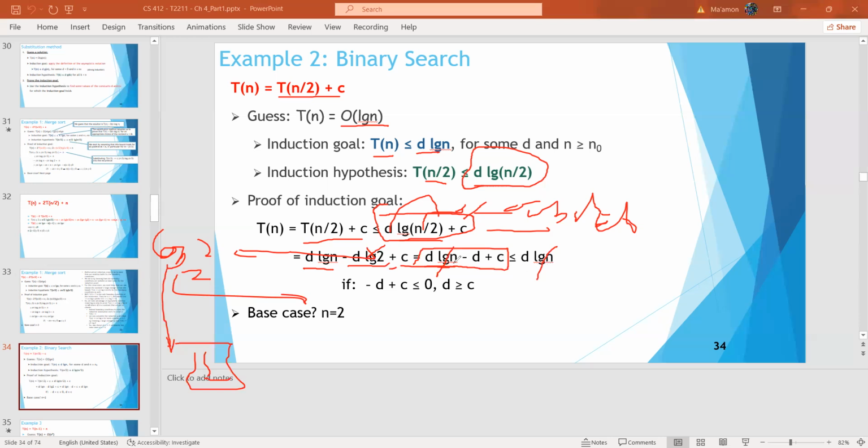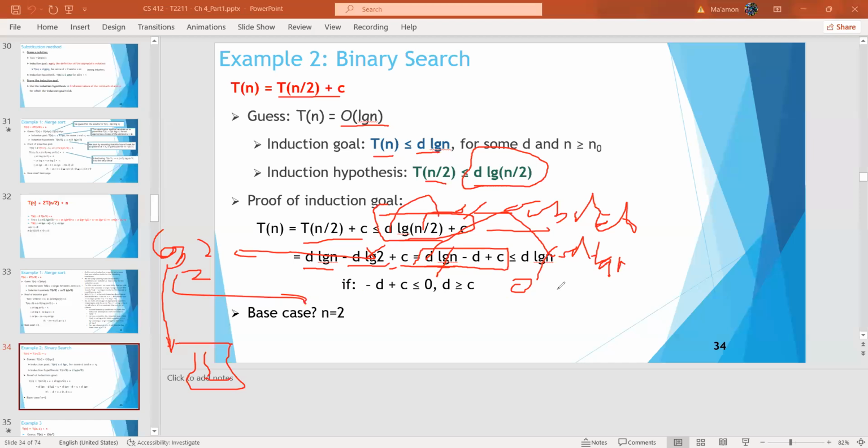Okay. Now this one will be moved here: minus d log n. d log n minus d log n equals 0. So now we have minus d plus c, greater than or equal to 0.